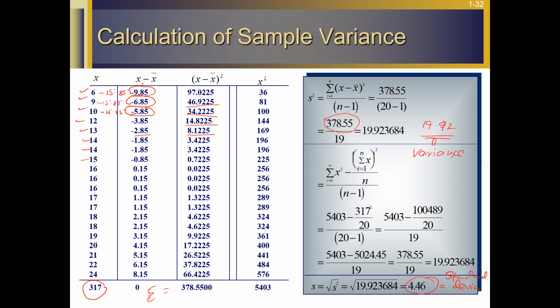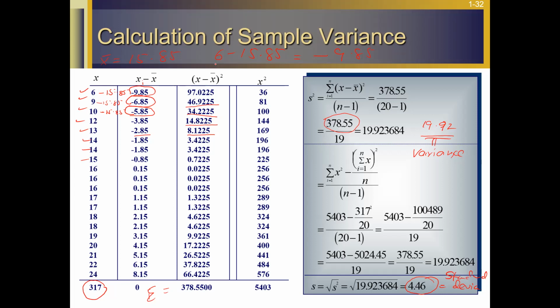Right after that, write in the second column xi minus x bar. You know earlier we found x bar, which equals 15.85. So our first figure is 6. 6 minus 15.85 equals minus 9.85.